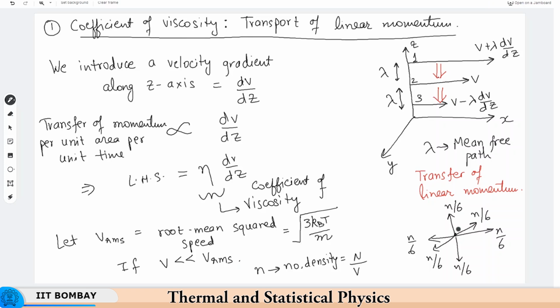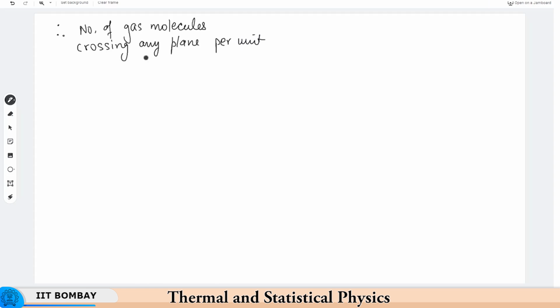Therefore, what will be the number of gas molecules crossing any plane per unit area per unit time?